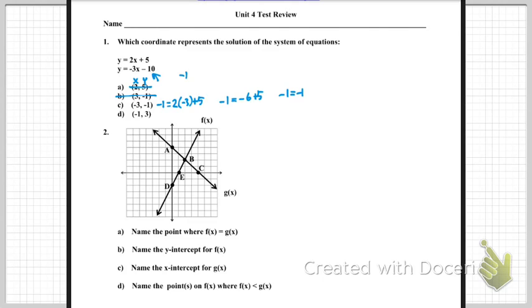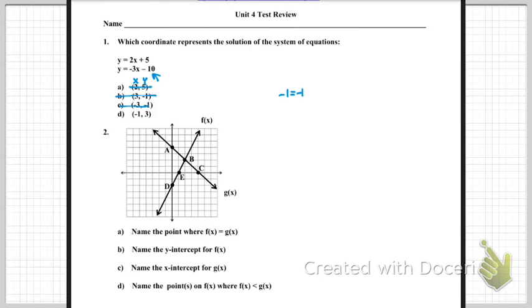So I get negative 1 equals negative 3 times 3 minus 10. Negative 3 times 3 is negative 9, minus 10 would be negative 19. Negative 1 is not equal to negative 19. So it's not true for the second equation, which means it's not true for this system.